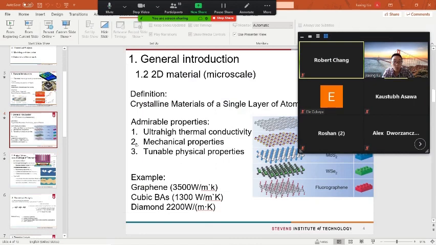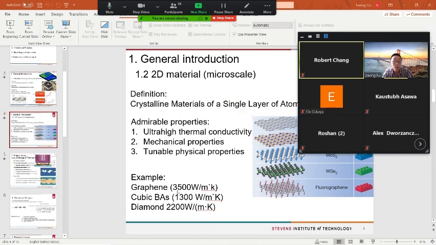But if we can use graphene as a filler of polymer-based conventional materials, it can work. But just like you see, there are some factors that I need to consider when I choose these materials.